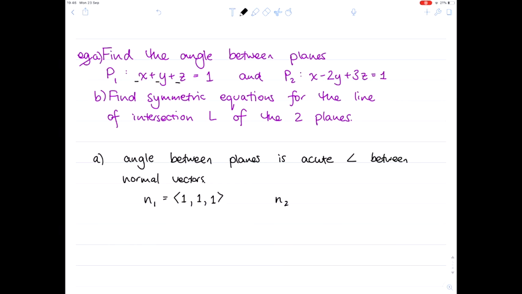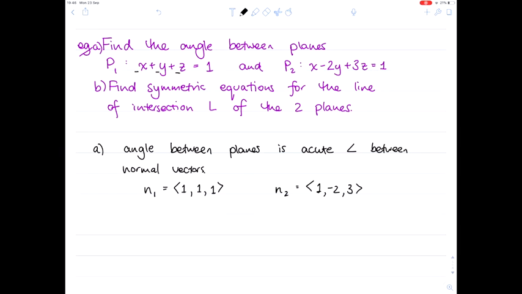Our second normal vector is 1, minus 2, 3. So the next question is, how can we find the angle between them? Well, we can use the dot product, because we know that if we dot our first normal vector with our second, this is the same as n1's magnitude times n2's magnitude times the cosine of the angle between them.